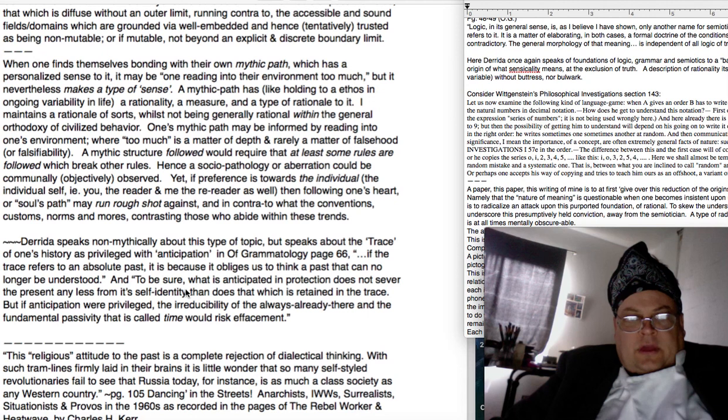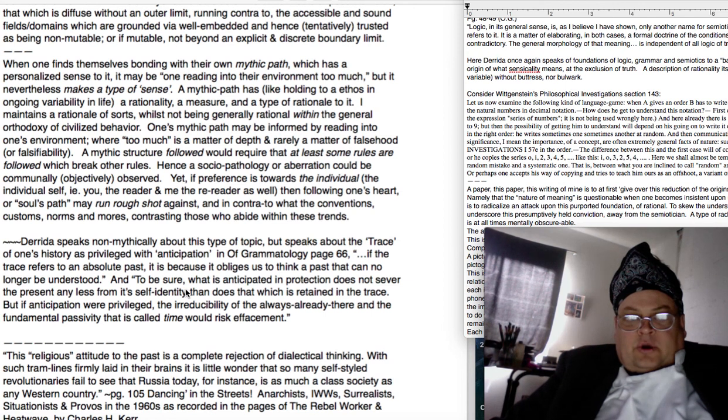One's mythic path may be informed by reading into one's environment, where too much is a matter of depth and rarely a matter of falsehood or falsifiability. A mythic structure followed would require that at least some rules are followed which break other rules. Hence, a sociopathology or aberration could be communally objectively observed.